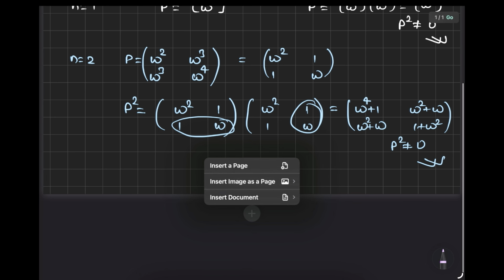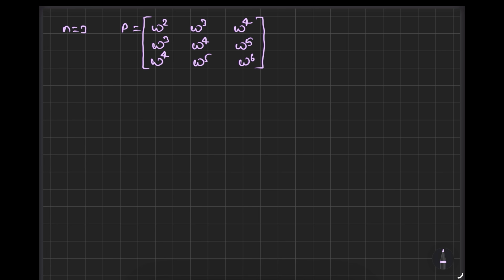Now let's check n equal to 3. First find out who is P. The entries are omega square, omega cube, omega power 4, omega power 3, 4, 5, 4, 5, 6. So this is your P matrix. Now we need to find P square.